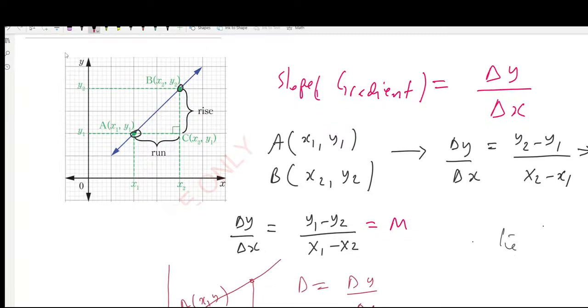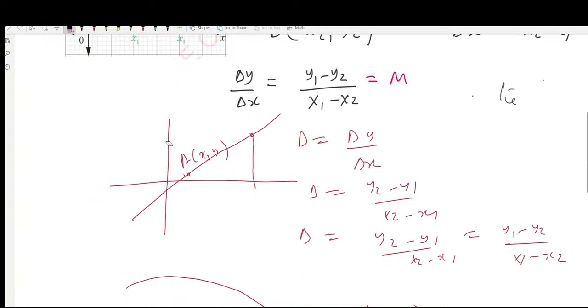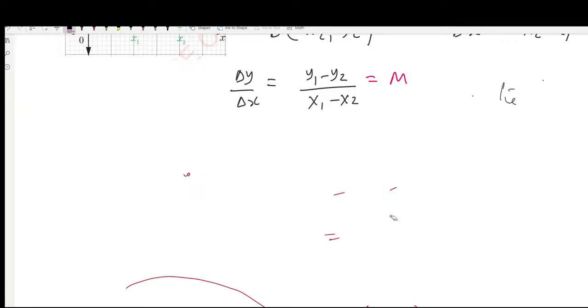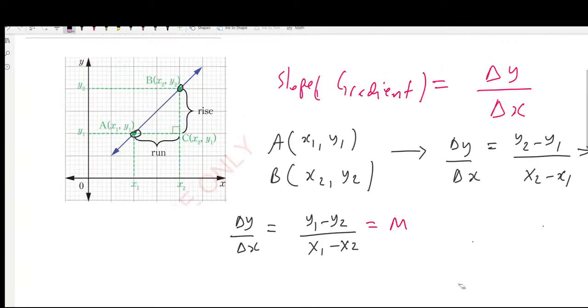So how do you find the slope? Such a simple approach: the slope is going to be change in y over change in x, and we have seen that with change in y over change in x, we have the slope already, dear students.